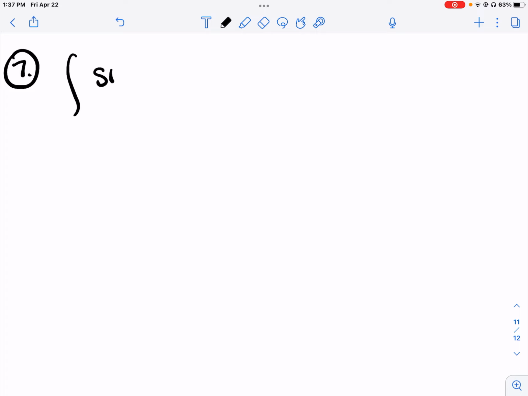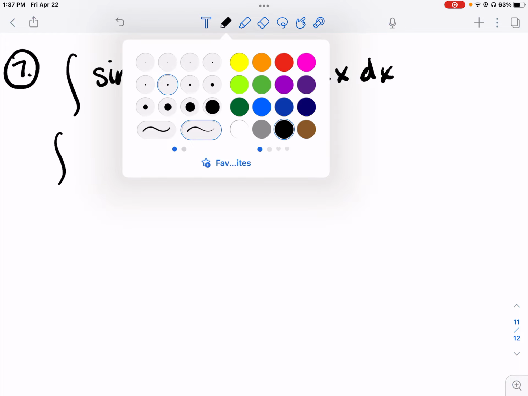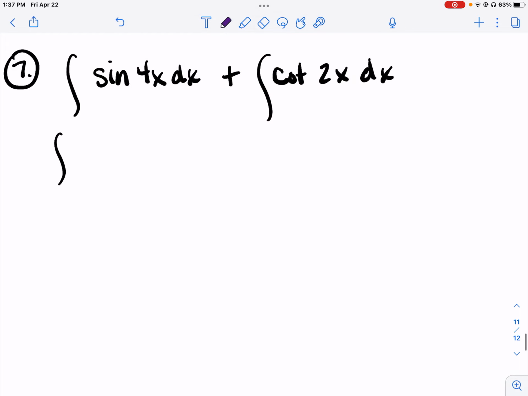The integral of sine 4x dx plus the integral of the cotangent of 2x dx. For sine, the derivative of the cosine is negative sine, so we're going to need a negative.